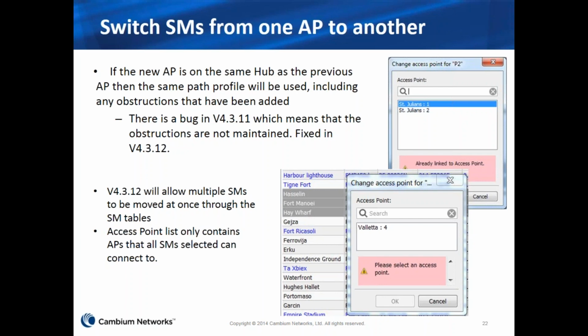I assume at that point that the location of the AP has changed, and so it will need to create new profiles between the SMs and the new location. So if you have added obstructions on that, then it's likely that they'll be lost. If you have just configured a new AP on the same hub site, then that should maintain all your obstructions.